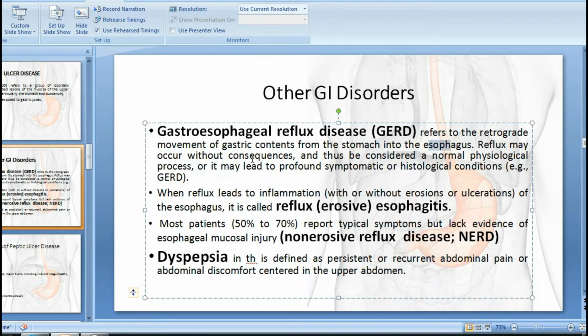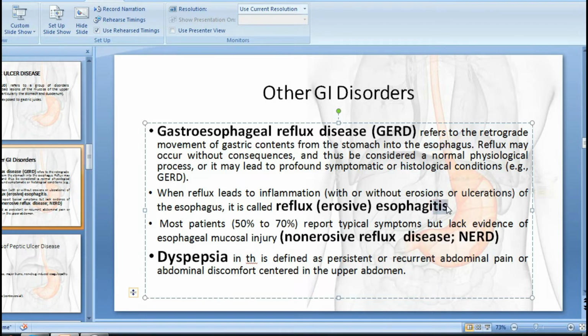Reflux may occur without consequences and thus may be considered a normal physiological process, or it may lead to profound symptomatic or histological conditions, for example, GERD. When reflux leads to inflammation with or without erosions or ulceration of the esophagus, it is called reflux erosive esophagitis.